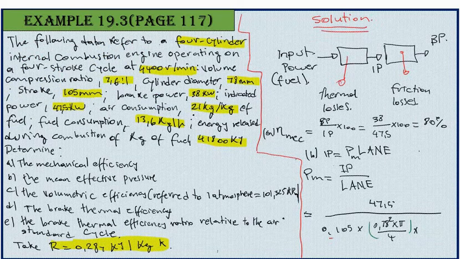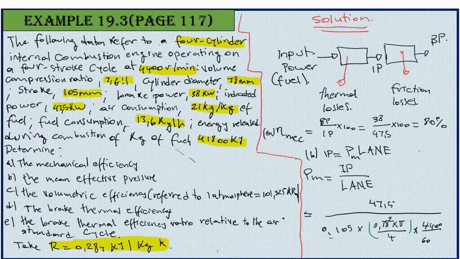So we have the rotational speed, which is how much? But in this case, we need to make sure that the rotational speed is expressed in revolutions per second. So this value should be converted into revolutions per second. So we need to divide by 60.